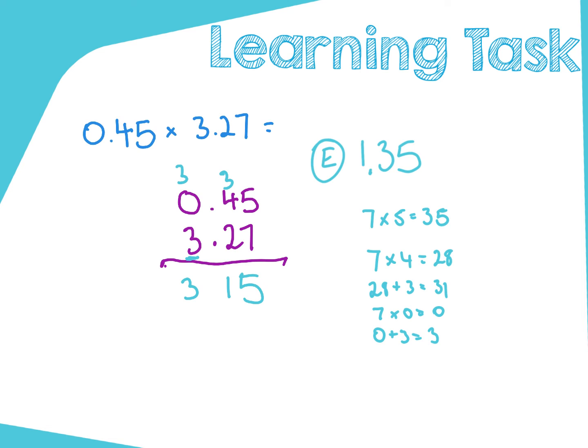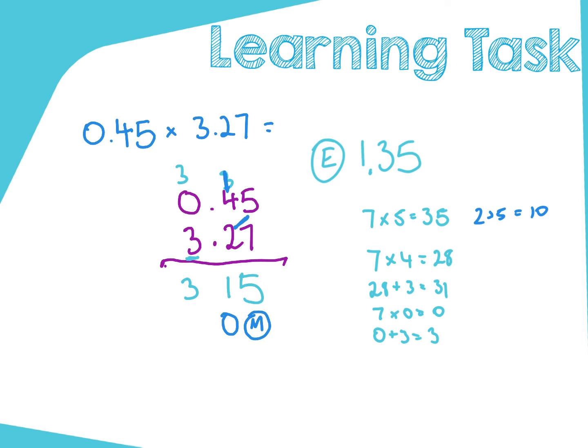All right, change my colour. This time I'm going to say, what is 2 times 5? Well, no, before I do anything, don't forget that little mustache 0, or that little magic 0. Then I've got 2 times 5 equals 10. So I put a 0 down the bottom and a 1 up the top, above the 4. I've got to be careful. I know I'm working down here now in the tenths column.